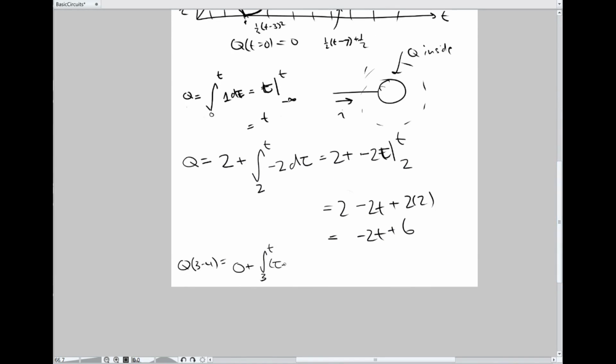So the integral of tau minus 3 d tau is equal to 1/2 tau squared minus 3 tau evaluated from 3 to t, which is equal to 1/2 t squared minus 3t minus whatever you get if you plug 3 into this, which is 9/2 minus 9, which is minus 9/2, so plus 9/2, right?